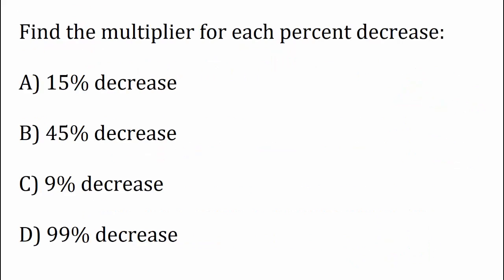Let's practice finding multipliers for percent decreases. We'll do one together. After a 15% decrease, we'll still have 85% left. So our multiplier for a 15% decrease is 0.85, because we'll still have 85% left. Now it's your turn.